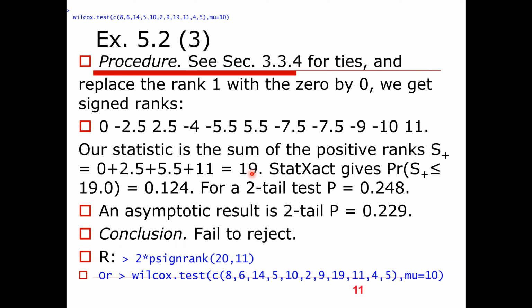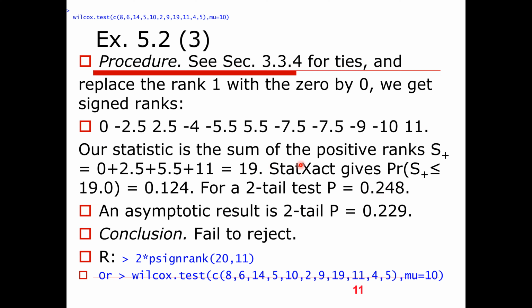This is because we have 11 observations, the sample size is 11, which means 19 is a smaller number, right? S plus is smaller than S minus. So we use this smaller value to run the test in R. And then we can get an exact p-value and an asymptotic p-value. So they are not the same.